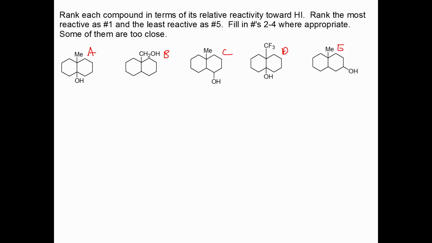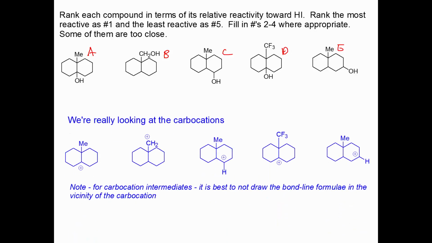All right, so we're looking at which of these is going to react with HI the fastest to produce the corresponding iodide. What's involved here, of course, is we're really only looking at the carbocations. So here's the carbocation. I'm just going to draw them as C. That one's already kind of just a C. Now we're looking at the degree of substitution.